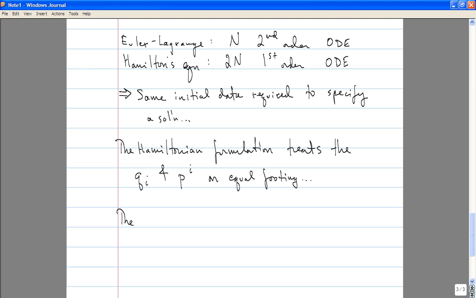So that's the basic object that one considers in the Lagrangian formulation of mechanics. And the basic object of the Hamiltonian formulation is the 2n-dimensional space of qi's and pi's. And that is known as the phase space.